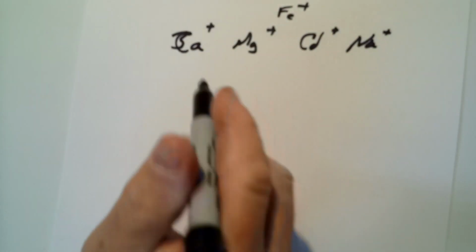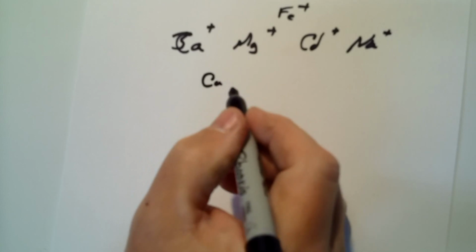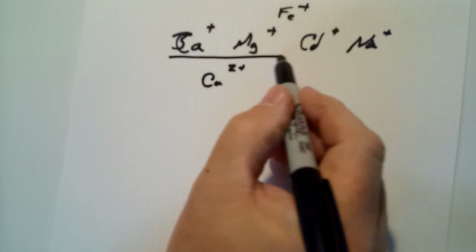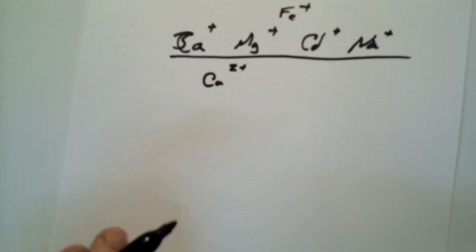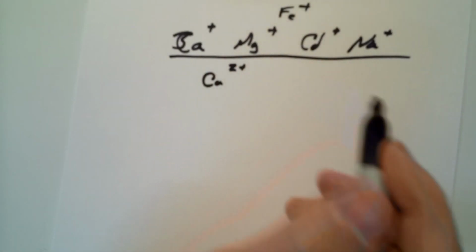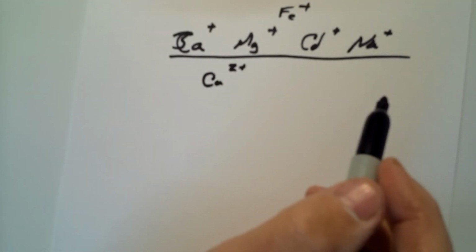Now, calcium that's in your soil, calcium 2+, is what the plant has to uptake to defeat blossom end rot.